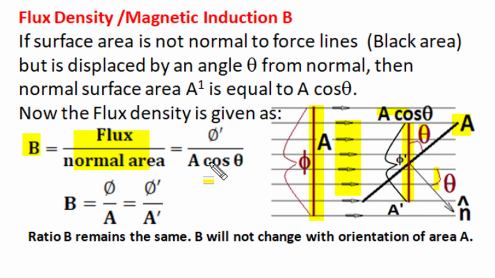When flux per unit normal area is calculated, we find that normal area and the amount of flux both get reduced in the same proportion, and the ratio of flux to normal area in the first case and the reduced flux and reduced normal area give the same ratio. The ratio of flux and normal area, the magnetic induction, remains the same, and B will not change with the change of orientation as illustrated here.